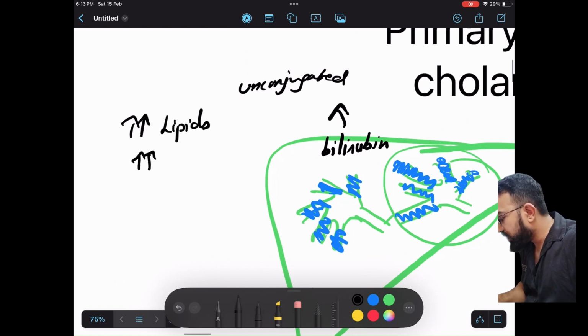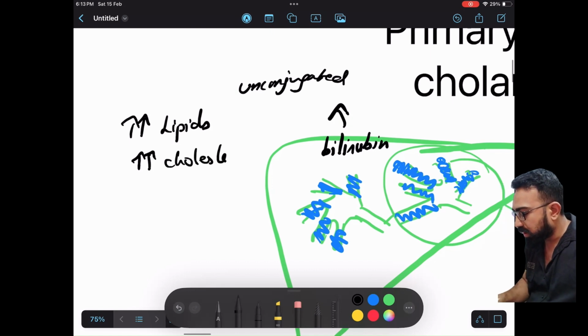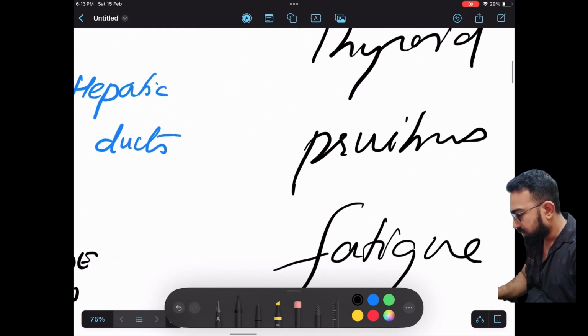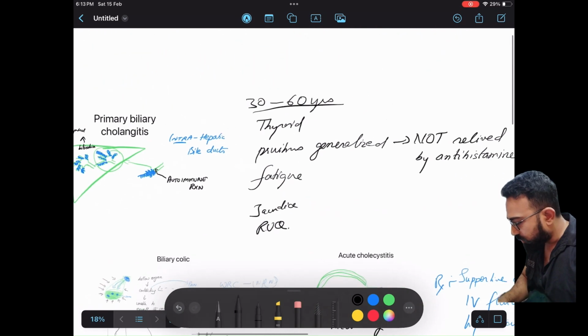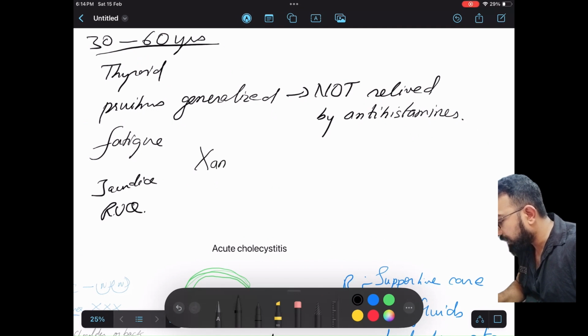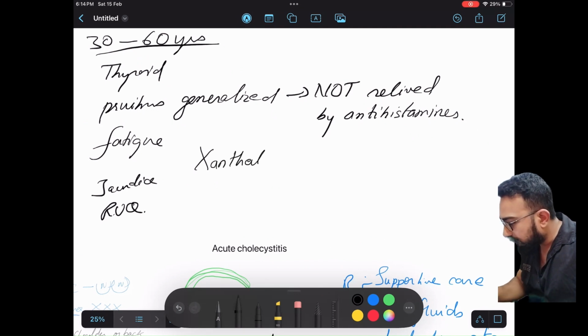So because of the cholesterol that is increased in the body, she can also have xanthelasmas. What are xanthelasmas? I will show you in 1 minute.